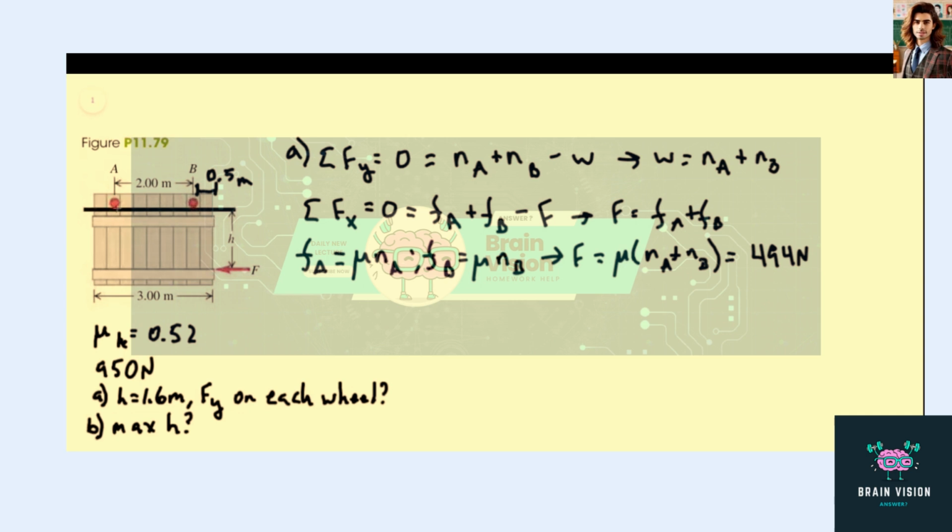And the force of friction at A is anti-parallel to the displacement vector from B to A, so that also adds no torque.